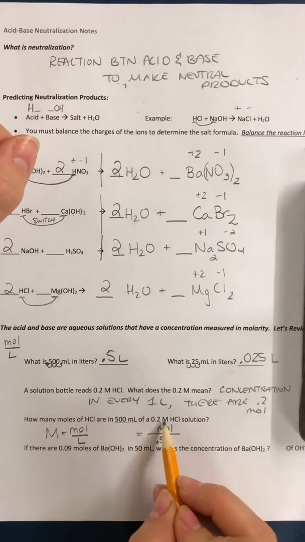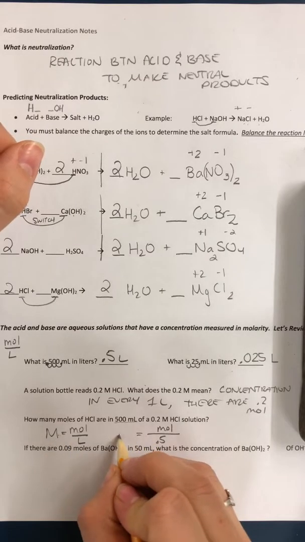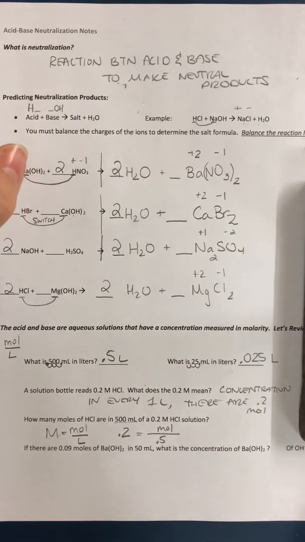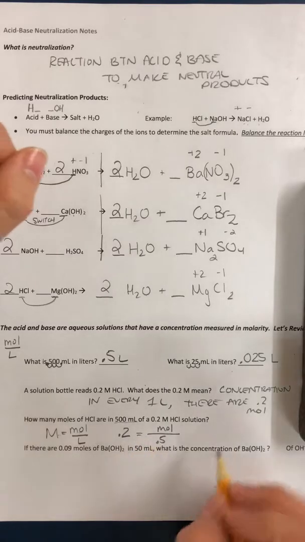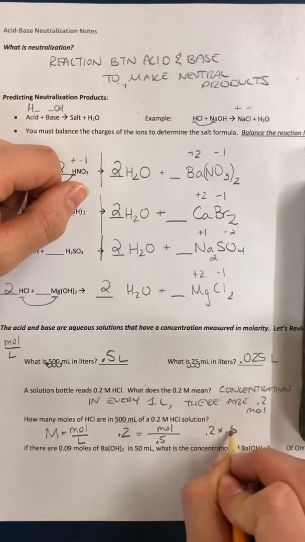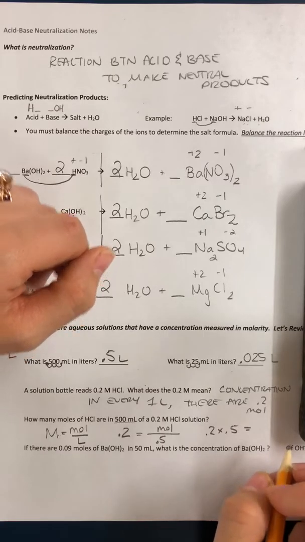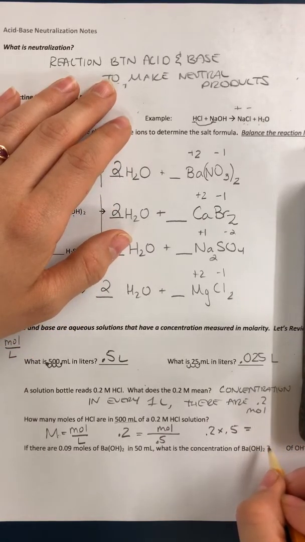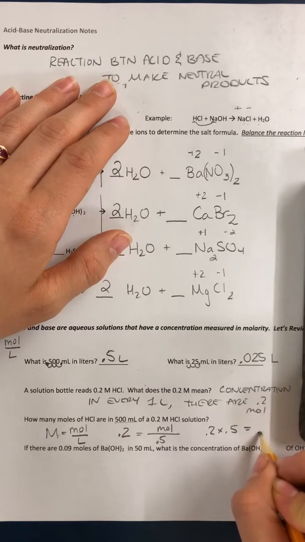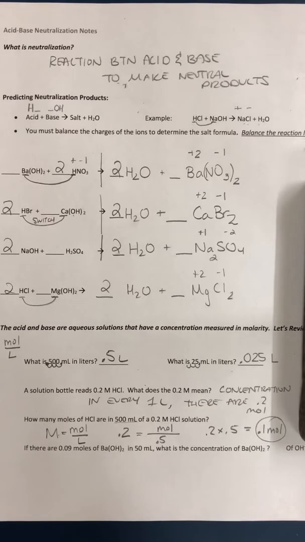And 0.2 molar, that's my big M, that's my molarity. So I have everything I need to solve for moles. I'll cross multiply, so I'll take 0.2 times 0.5, which would give me 0.1 moles of HCl in that amount of volume.